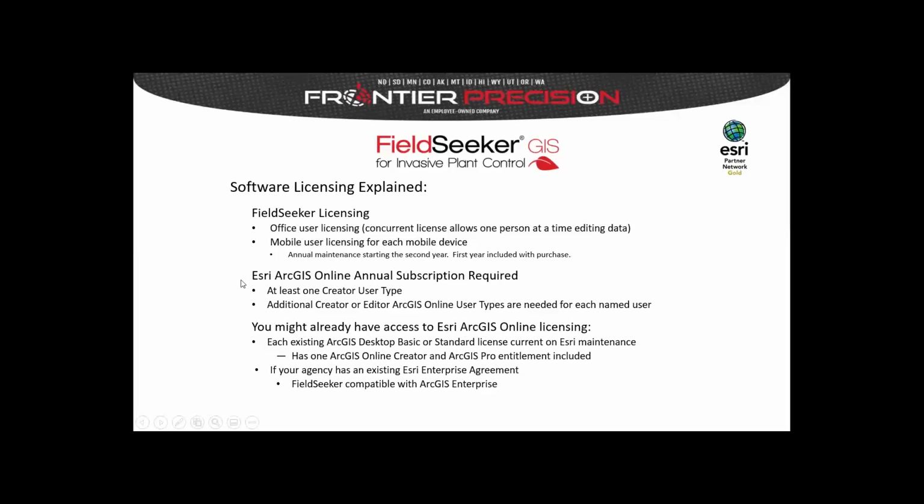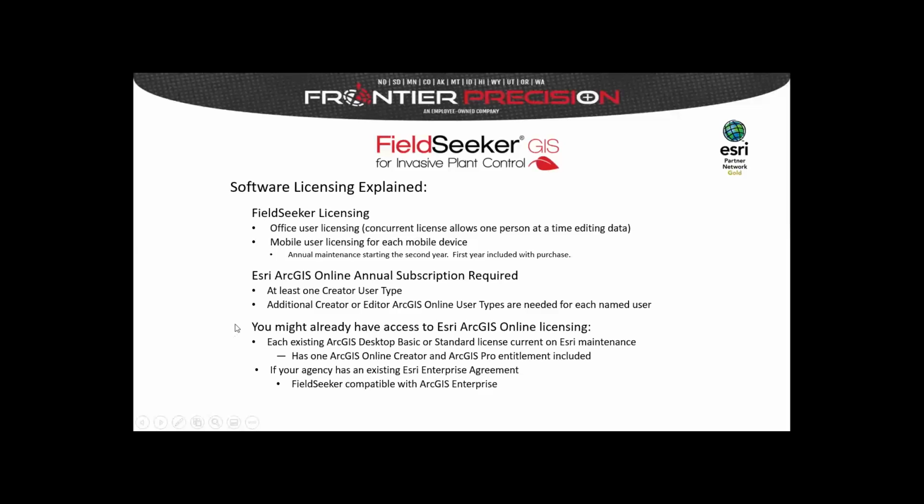And then as far as ArcGIS Online is concerned, you need at least one creator user type, with additional creator and editor user types for each named user using the system. And we can help you figure that out if needed. So if you already have ArcGIS Online licensing, we will be able to use it.